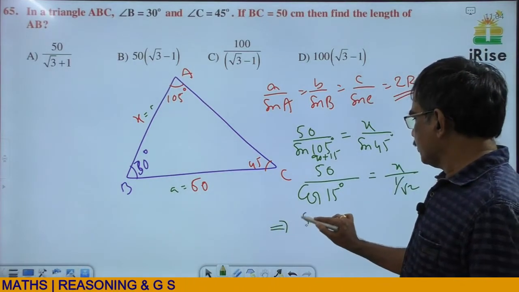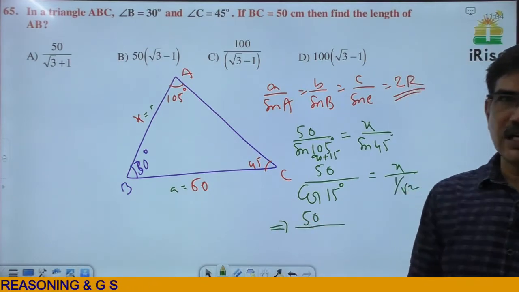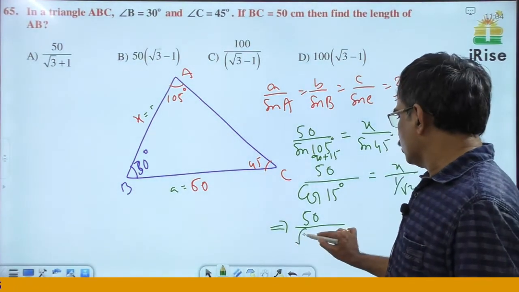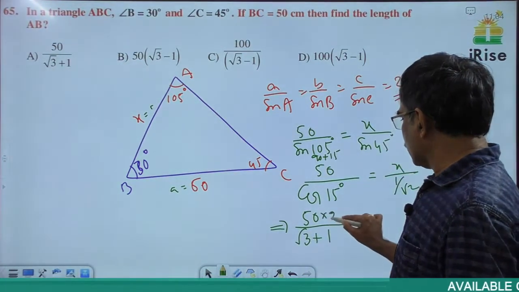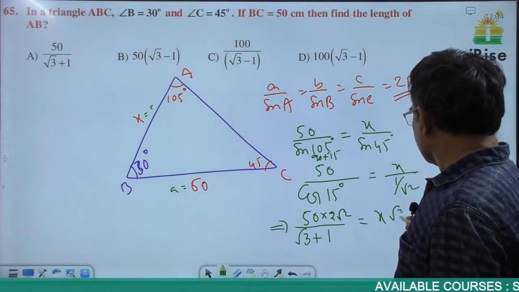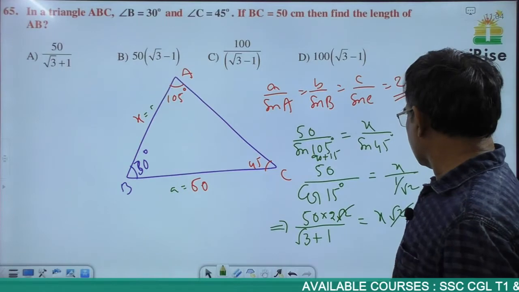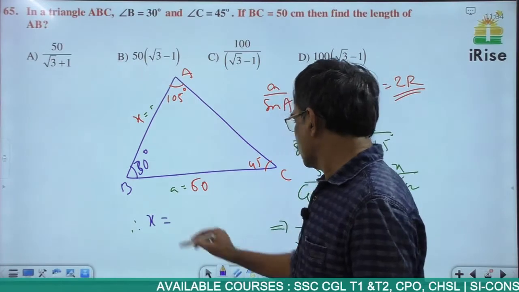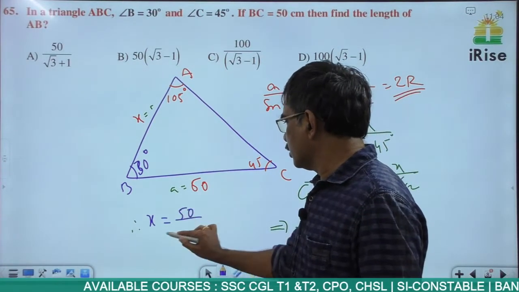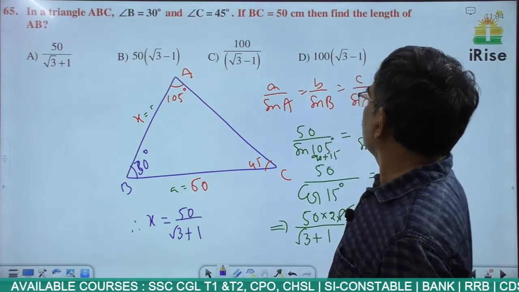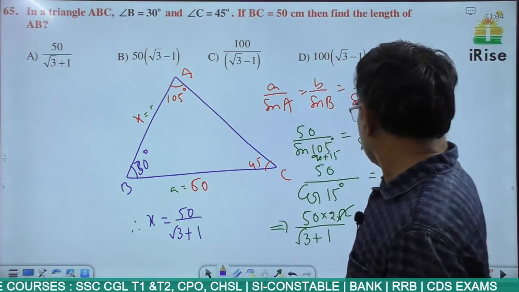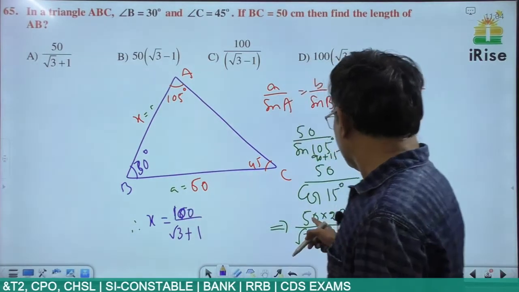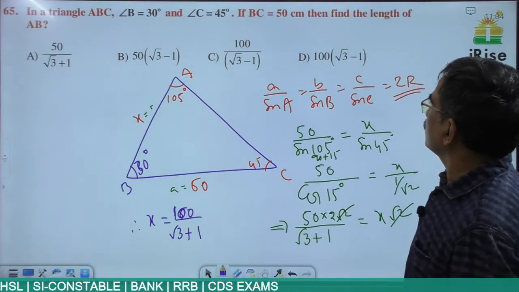Here this implies 50 by cos 15, whose value is root 3 plus 1 by 2 root 2 in trigonometry, is equal to x by 1 by root 2. Root 2 cancels. So x is equal to 100 by root 3 plus 1, sorry, not 50, this is 100 by root 3 plus 1. 100 by root 3 plus 1 is not there in the options.